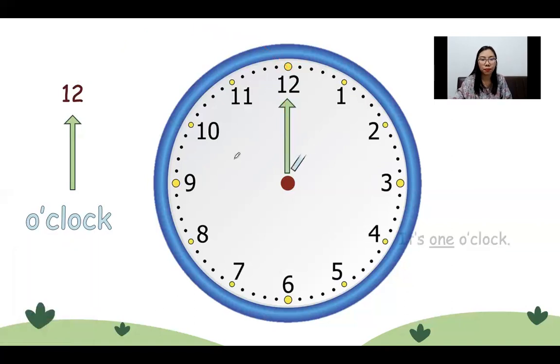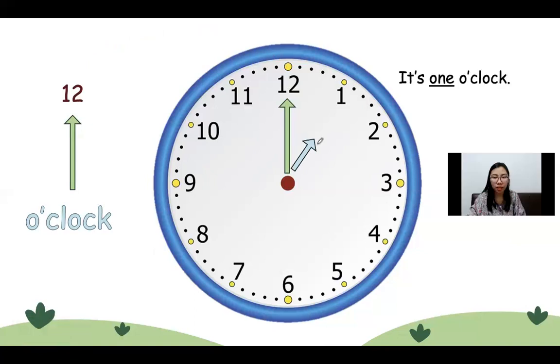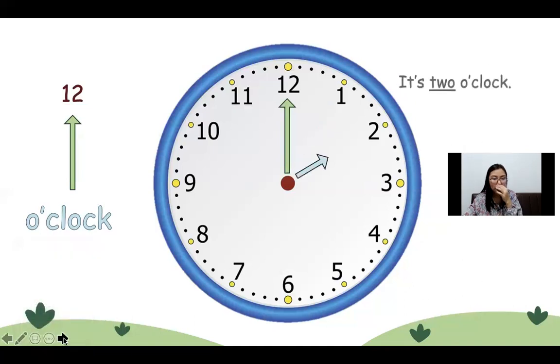For example, let's look at this one. The short hand points at 1. Again, if the long hand points at 12, we say it's 1 o'clock. Another. What time is it?